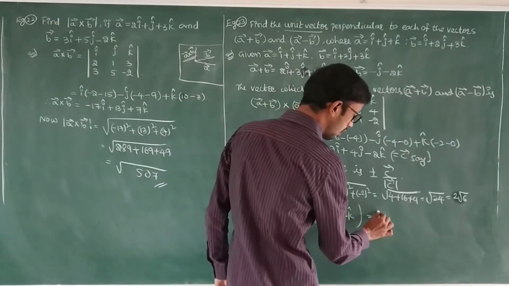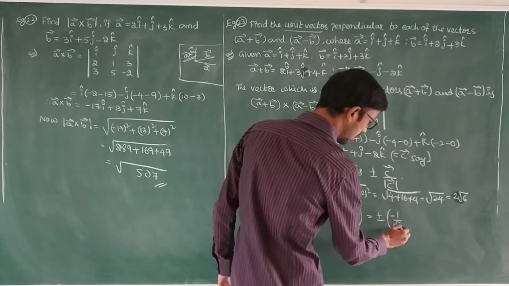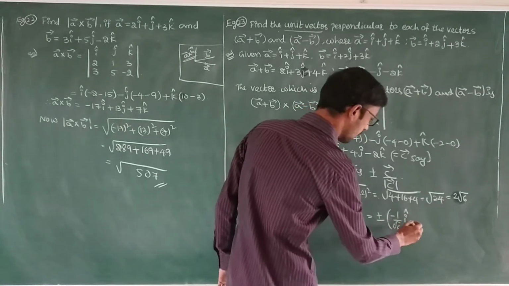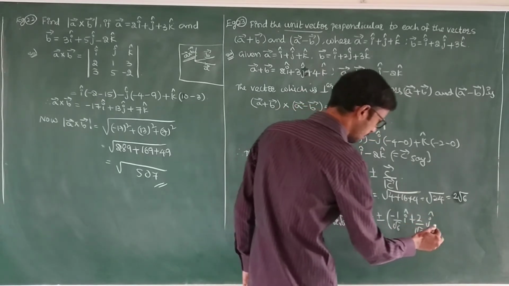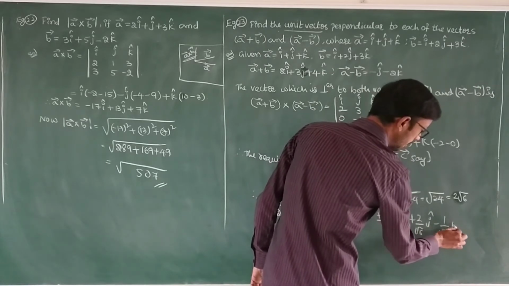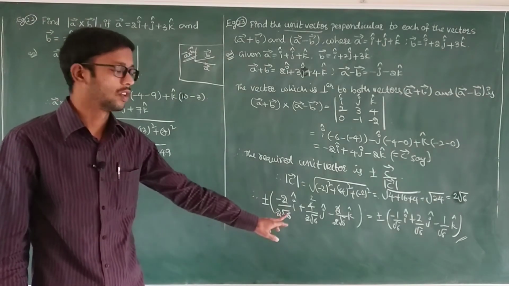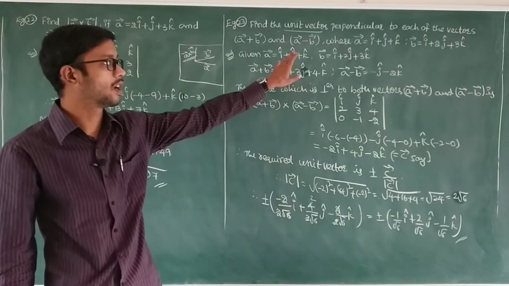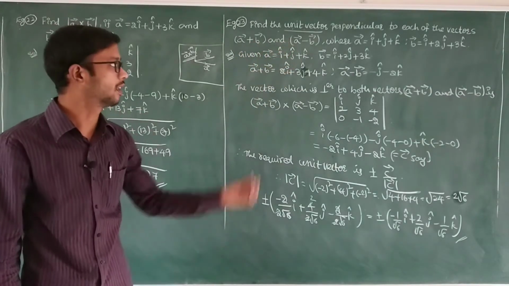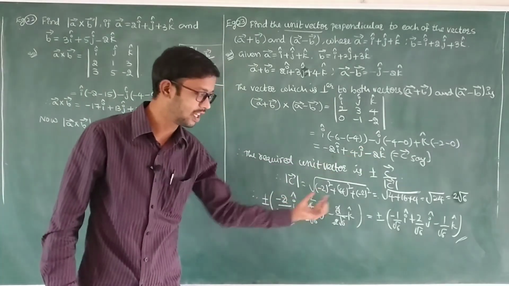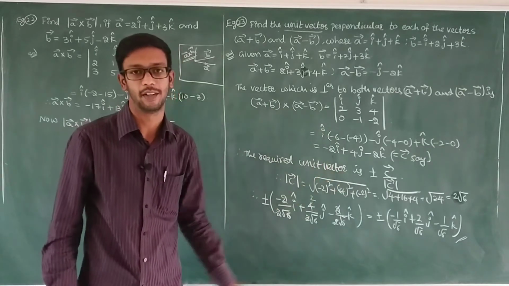So this is equal to plus or minus 1 by root 6 i cap plus 2 by root 6 j cap minus 1 by root 6 k cap. So this is the unit vector perpendicular to each of the vectors a bar plus b bar and a bar minus b bar. This one I am naming as c bar, so that I write just c; if you are not writing c, you have to write all of this in all places.